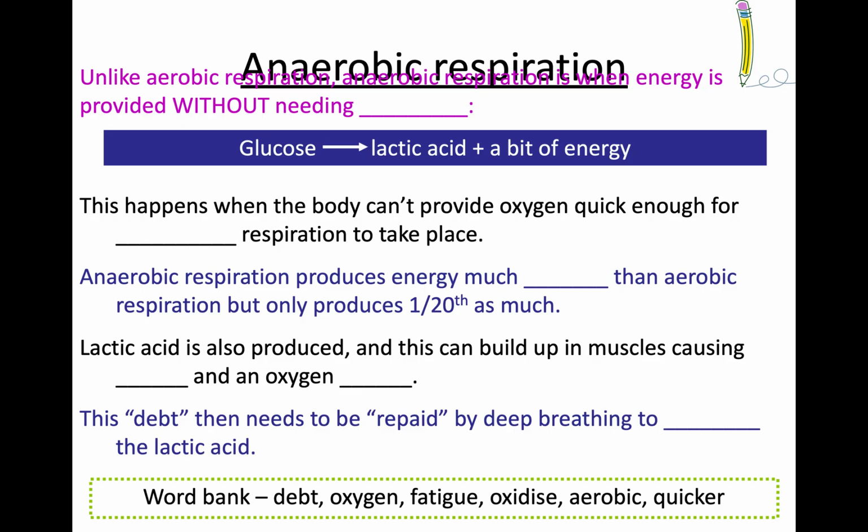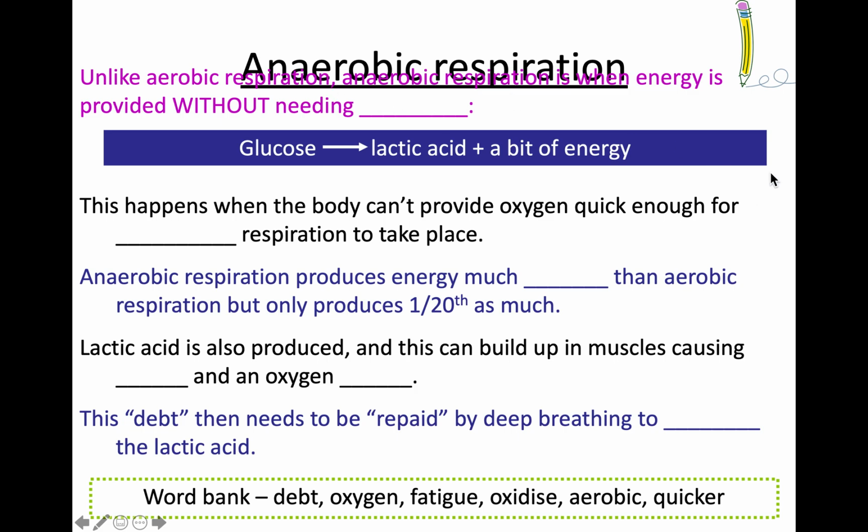Okay, so some things I haven't looked at, so I want you to have a look at this. So we know the equation is glucose gives you lactic acid and energy. Now I want you to see if you can do any of these. Sorry about this, I think the writing has come over the text.